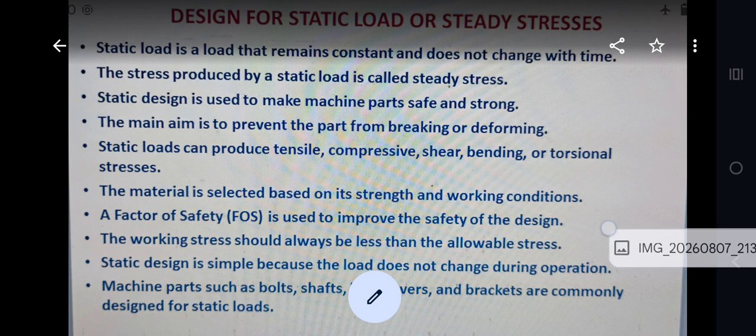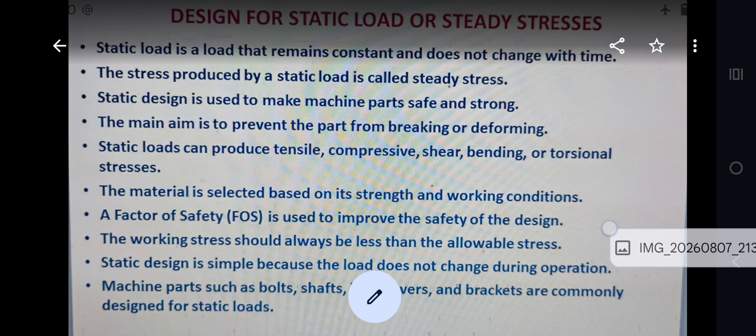If we select a shaft diameter that is too small, the shaft may fail when the load is applied. Suppose we select a sufficiently larger diameter, the shaft can safely carry the load.